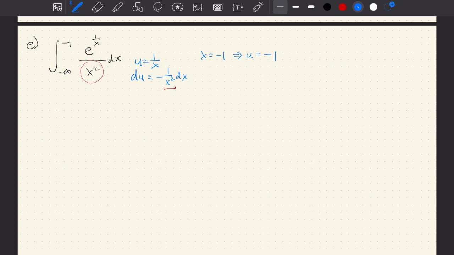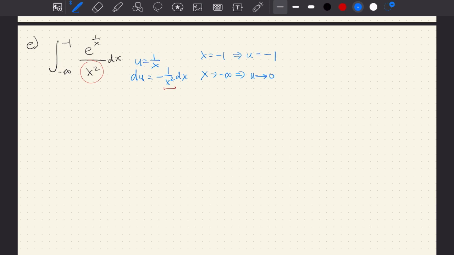So u is still -1. And when x goes to negative infinity, u is 1 over a very large negative number, right? And so u is actually going to 0 from the left hand side, right? So u is equal to 0.